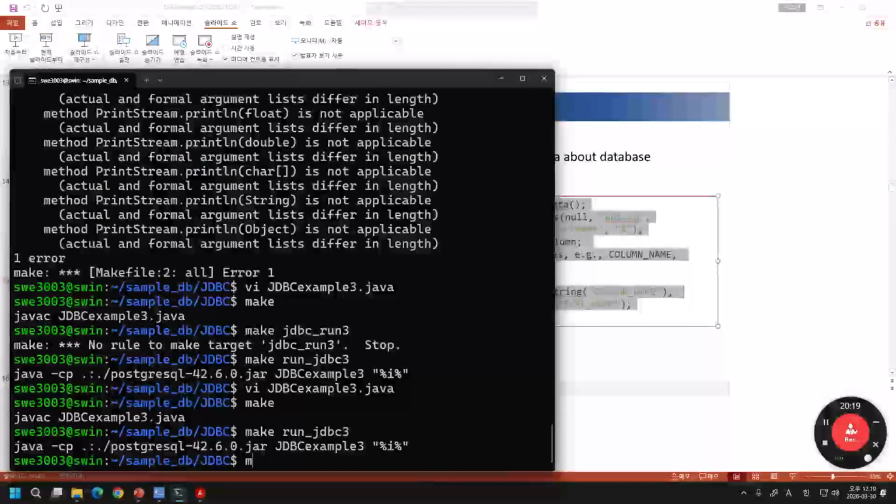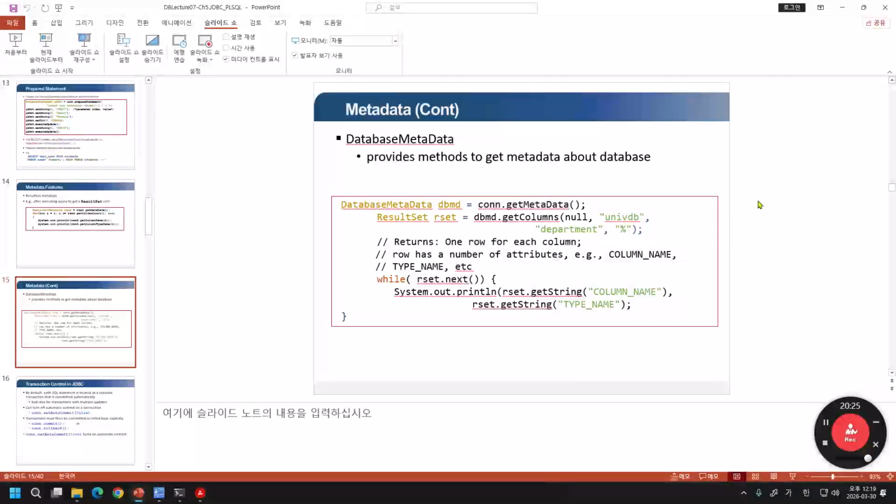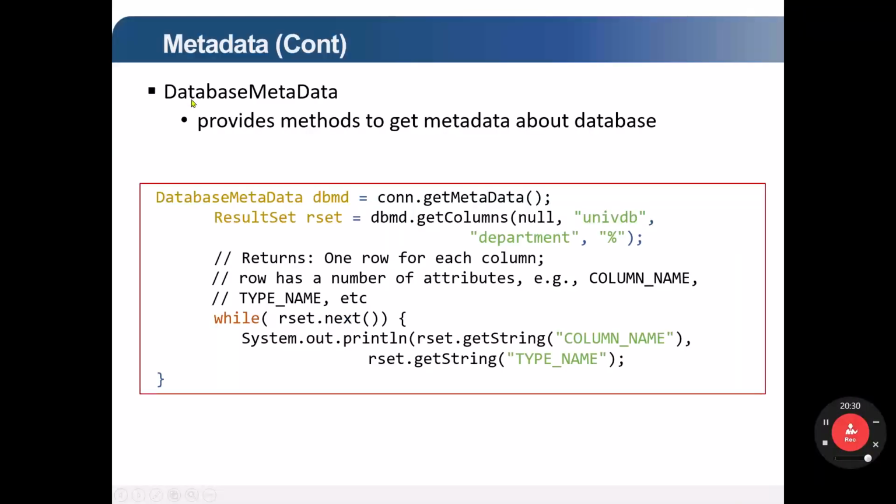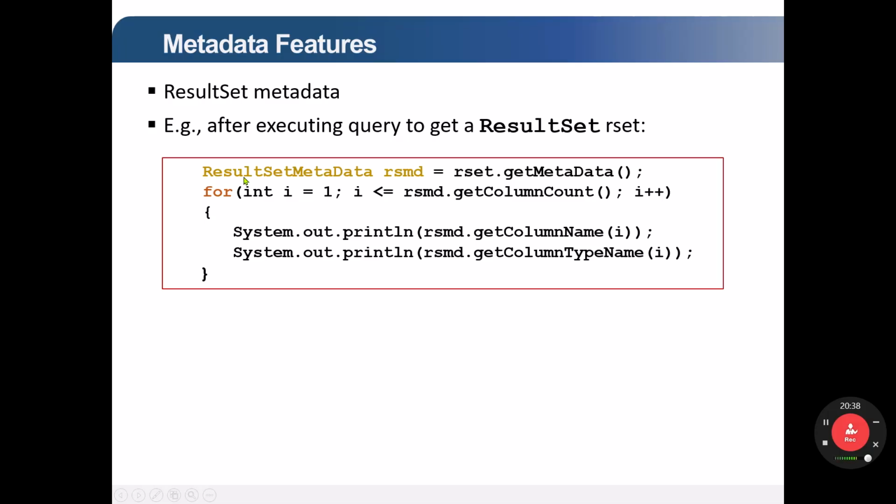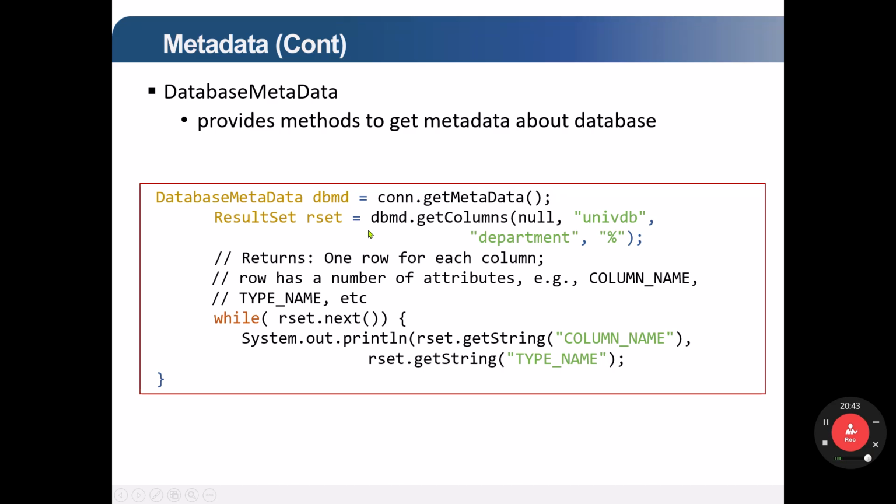Give me a second. I will fix this example, and maybe you should try it by yourself later. I'm sorry. I should have done it before coming to this class. Anyway, just similar to the ResultSetMetaData, you can get the schema table definition from this DatabaseMetaData reference.